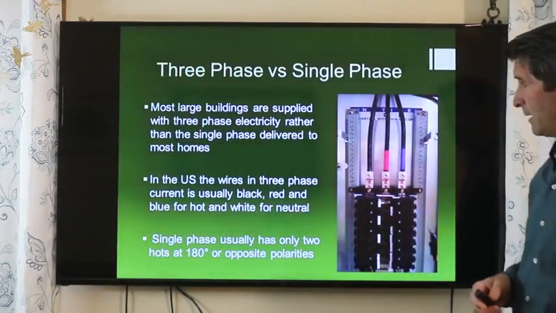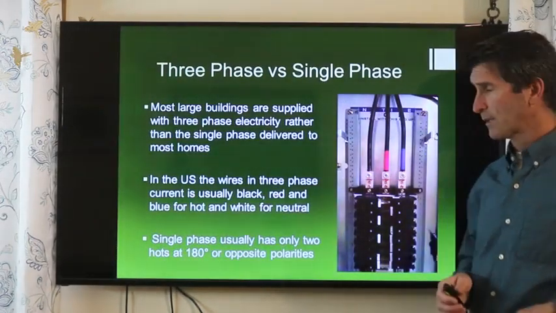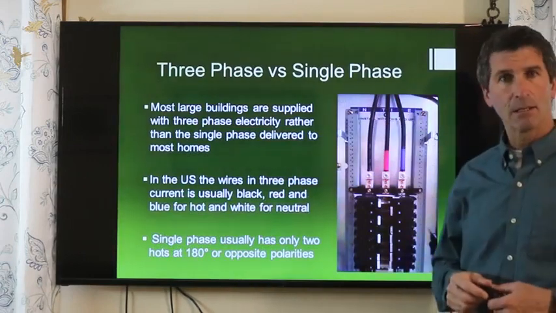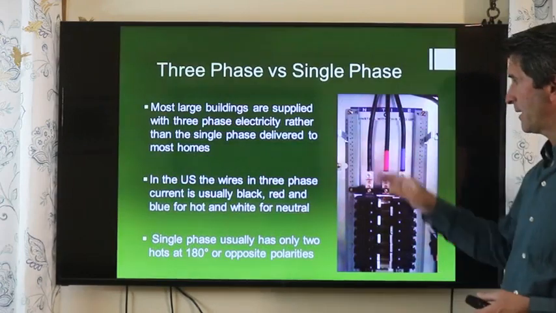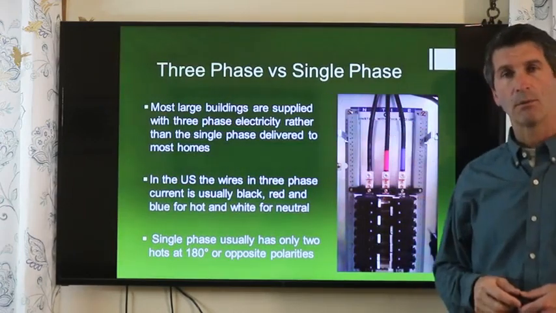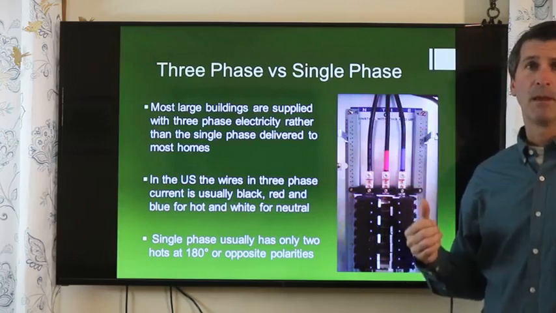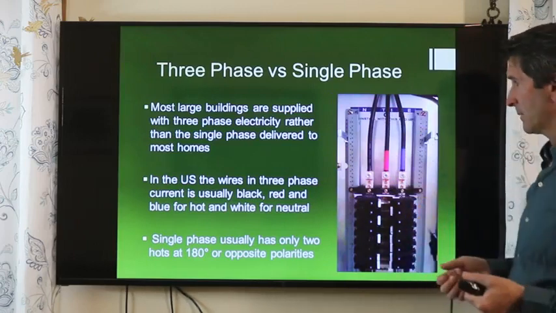And again, if you look at the electricity delivered to your home, you might see a black wire indicating a hot wire at one phase. You might have a red wire which indicates 180 degrees out of phase with that, and that's basically what you're getting.